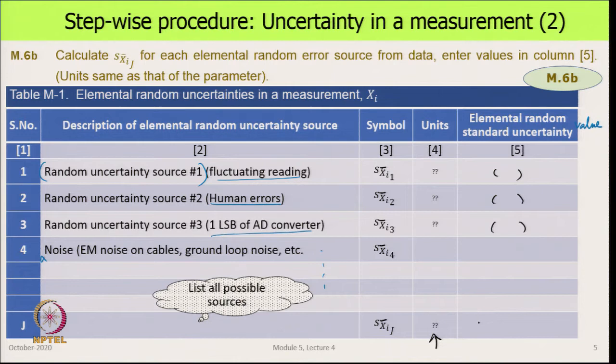In some cases we do not have information, and we will have to use experience and information in literature to estimate this value. Like that we do for every one of these and complete Table M1. So, these were all the elemental random uncertainties in a measurement, or random sources of error.